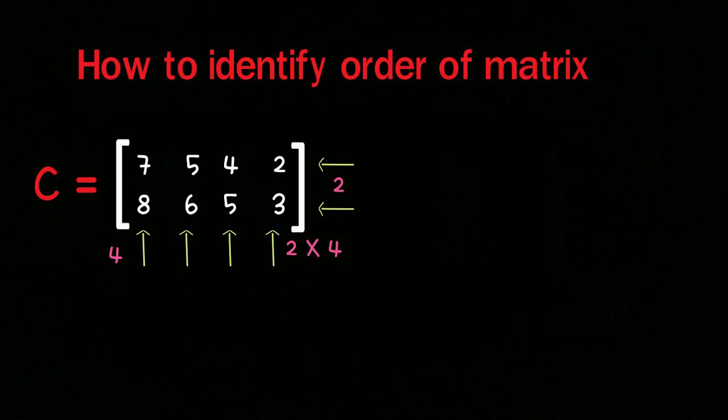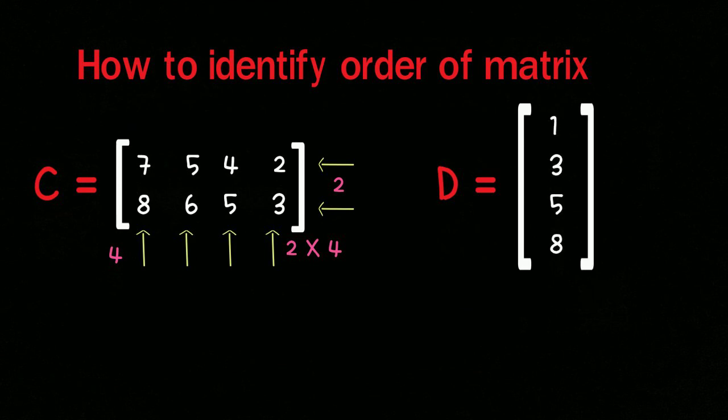Let's try one more example. Matrix D. 1, 3, 5, 8, for instance. How many rows are there? 1, 2, 3, 4. How many columns are there? 1 column. So the order of matrix D is a 4 by 1 matrix.